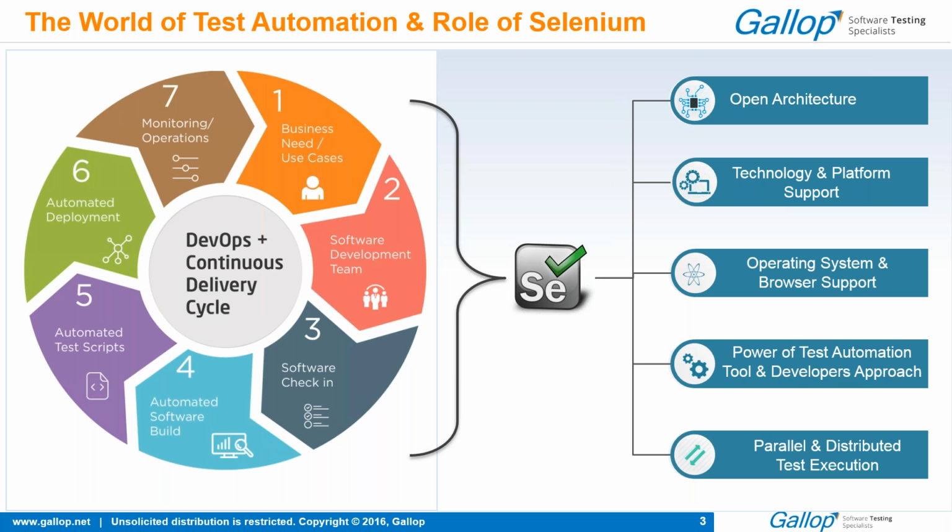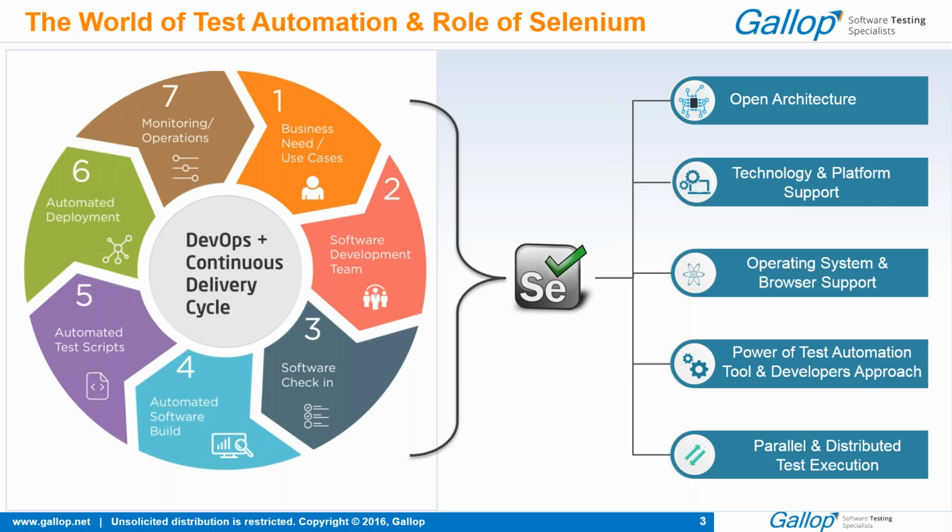In this case, if we execute sequentially, it consumes a lot of time. So we have to implement a parallel distributed execution to reduce the execution time and to get quick feedback. Especially when it comes to smoke tests, the ideal scenario is that it should not take more than 15 minutes, so that the developer can run the scripts as many times as possible whenever they have small fixes.